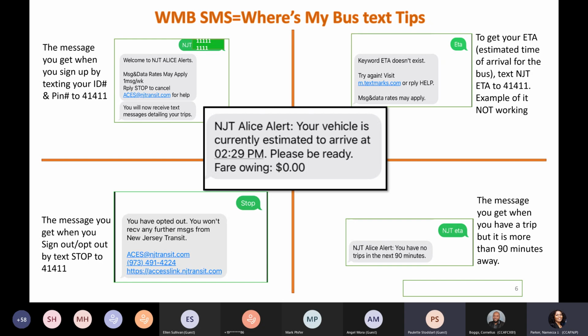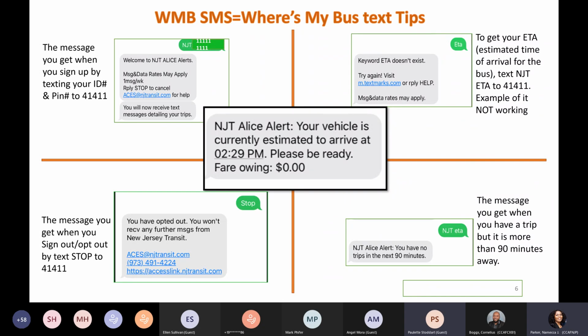You don't have to worry about getting any messages. But the beauty of this is that without having to call an agent and hold on, or log in, or use the mobile app or the web or anything, you can just text a short code in and it'll send you your ETA for your trip. Now, the other thing to note is if you don't have a trip, it'll let you know you don't have a trip coming up in the next 90 minutes. That's pictured in the bottom right. It says NJT Alice Alerts, you have no trips in the next 90 minutes.